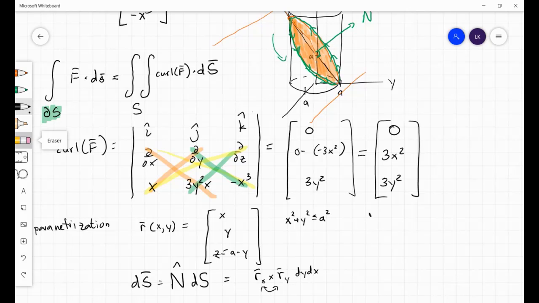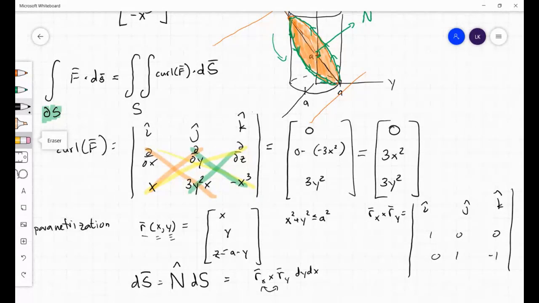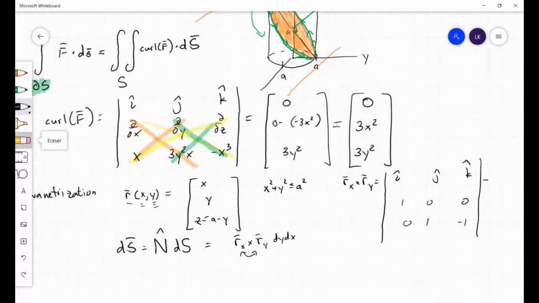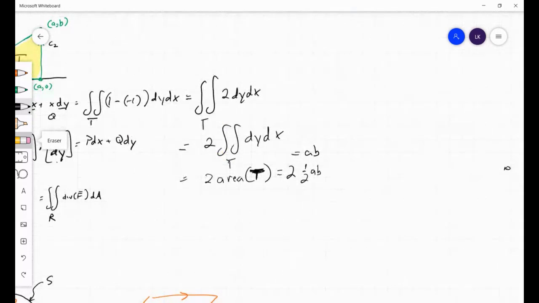So let's just compute this cross product. i, j, k, the derivative of r with respect to x becomes 1, 0, 0. Derivative of r with respect to y, 0, 1, minus 1. So very quickly, that's 0. Oh, come on.